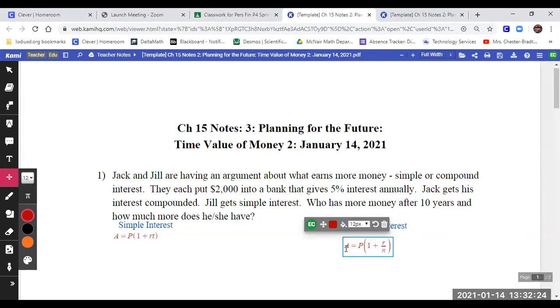You have to use the arrow to get off the exponent, and still do the up arrow for time. Those were our two formulas from yesterday.